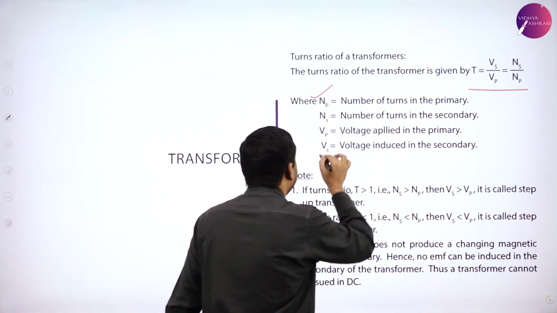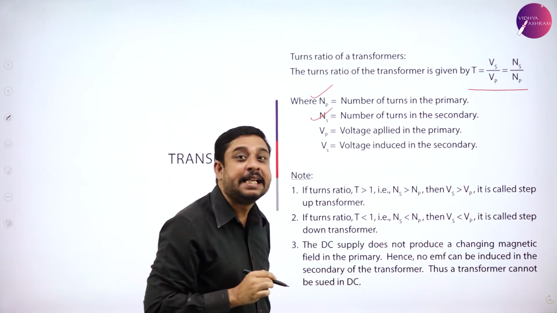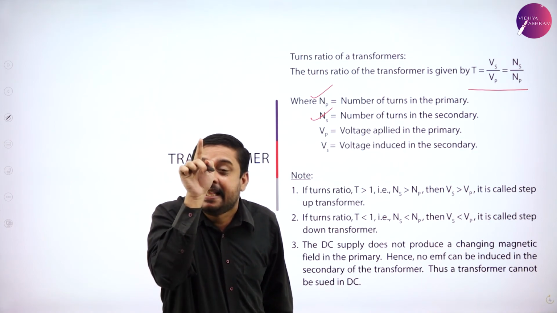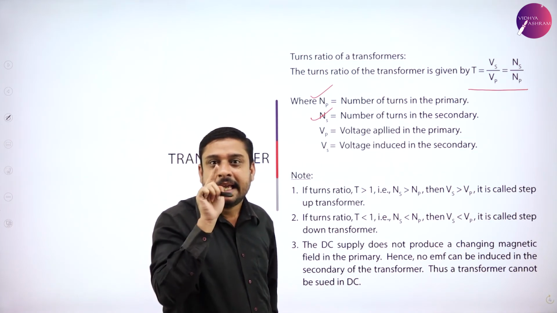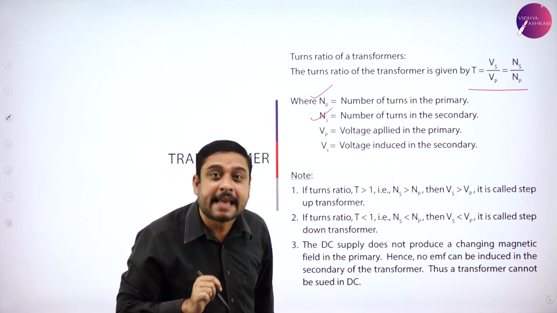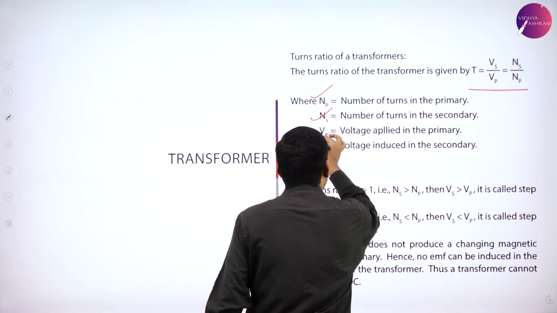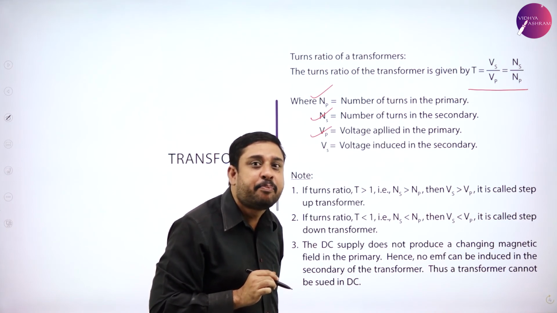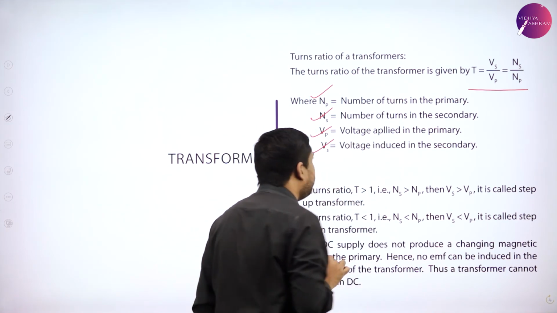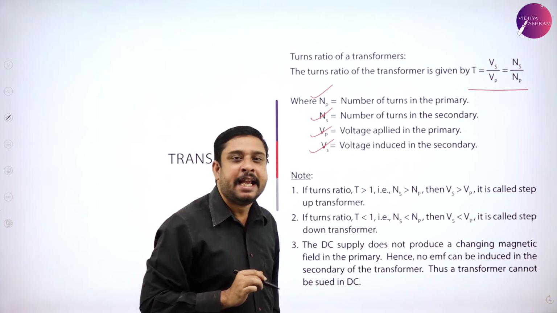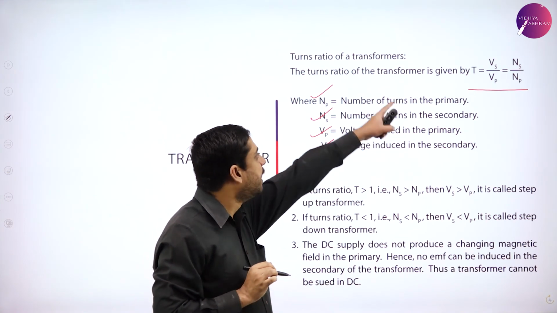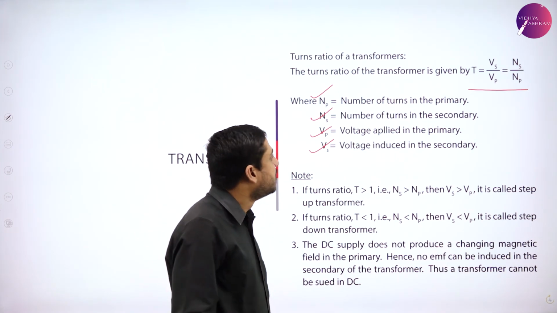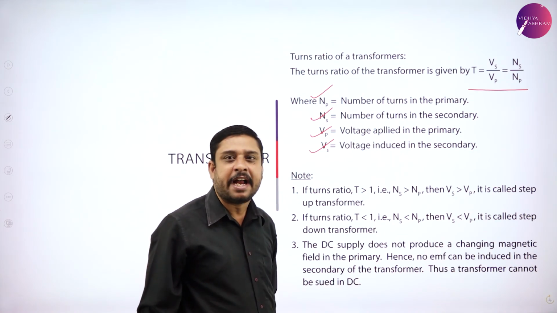Ns, number of turns in the secondary coil. Vp, voltage across the primary coil. Vs, voltage in the secondary coil. So turns ratio is Vs divided by Vp, which is equal to Ns divided by Np.